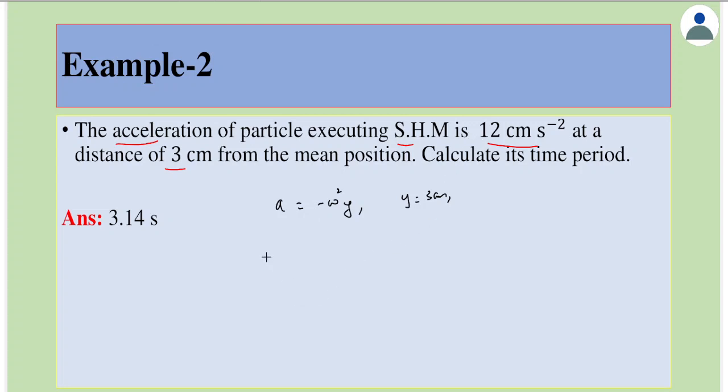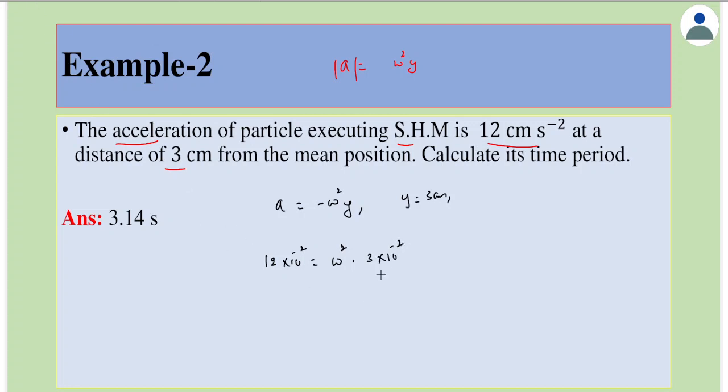Putting it back here, it is 12 into 10 power minus 2 because it is in terms of centimeter. We can drop the minus sign because minus sign just shows that the acceleration is opposite to displacement. So in terms of magnitude, a is equal to just omega square into y. Putting that here, we get omega square into y, where y is 3 centimeter, which is 3 into 10 power minus 2.